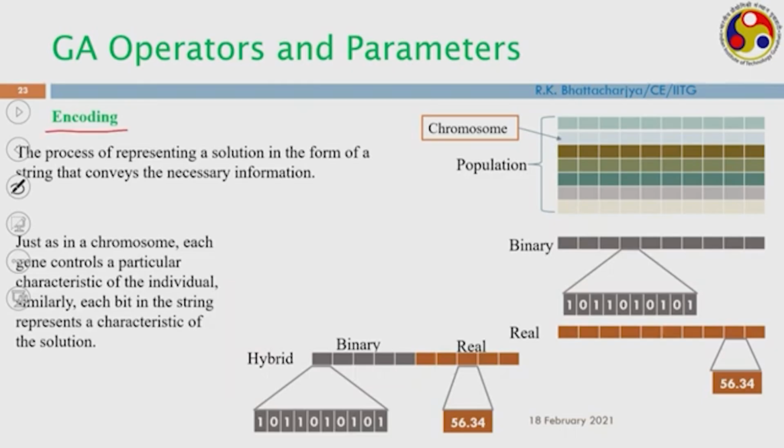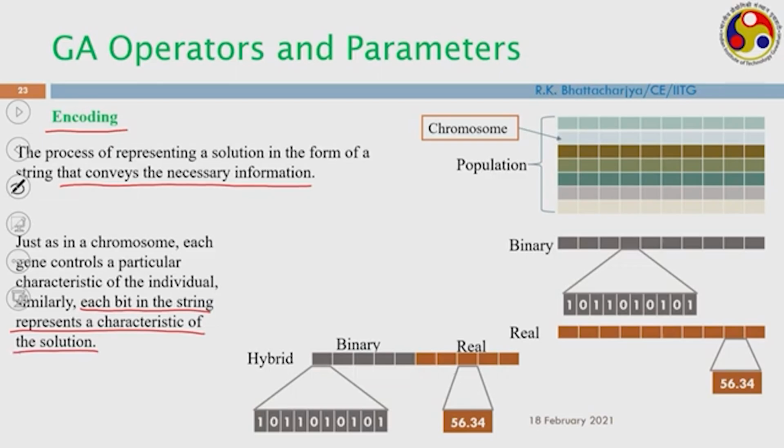The process of representing a solution in the form of a string that conveys the necessary information is called encoding. Just as in a chromosome, each gene controls a particular characteristic of the individual, similarly each bit in the string represents a characteristic of the solution.